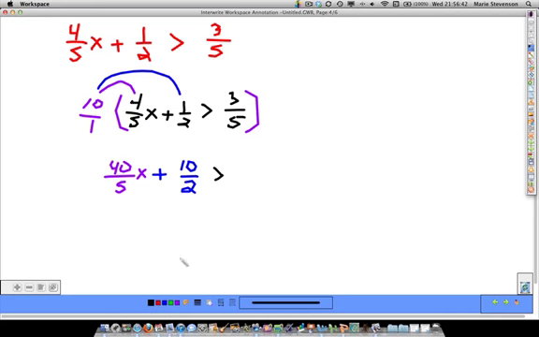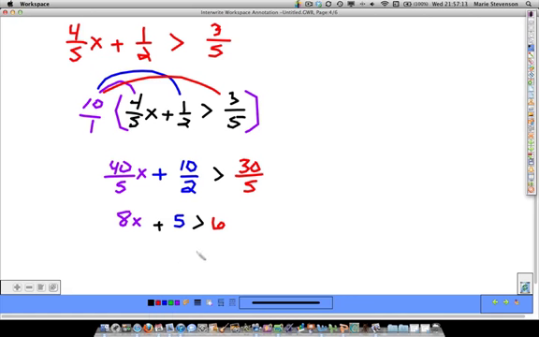Bring down the greater than. Last one. 10 times 3 is 30. 1 times 5 is 5. Now we simplify. 40 divided by 5, 8. 10 divided by 2, 5. 30 divided by 5, 6.